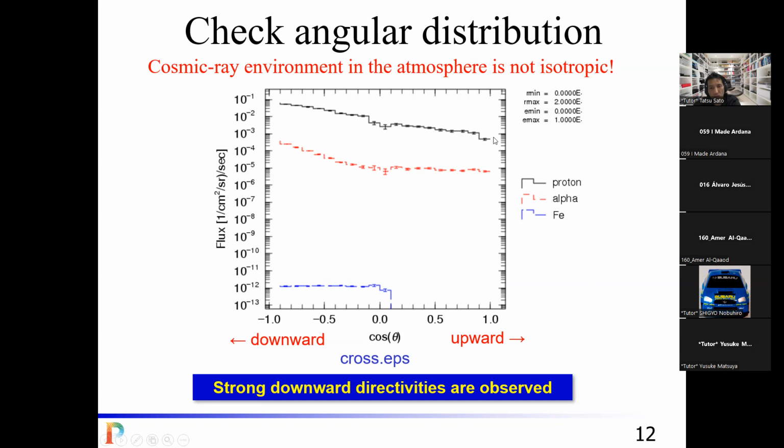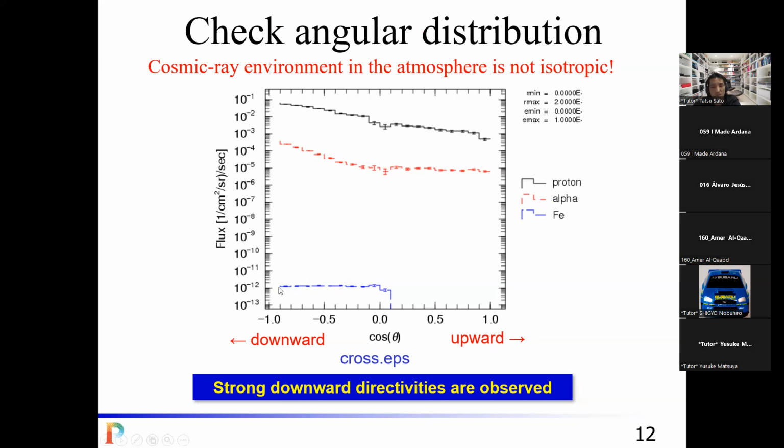Protons have a rather downward directionality, but some low energy protons go upward. So it's not a completely downward flux.